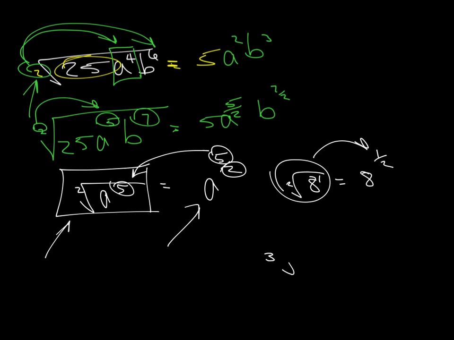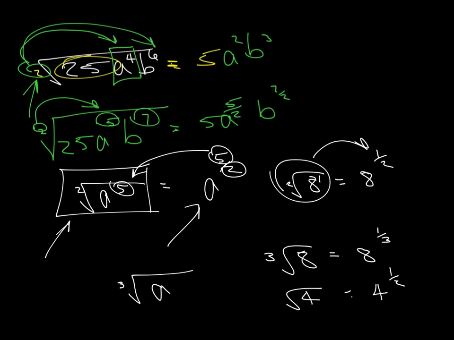So the cube root of 8 is going to be 8 to the 1/3, because there's an assumed 1 right there. The square root of 4 is going to be written as 4 to the 1/2. The cube root of a squared is going to be written as a to the 2/3.